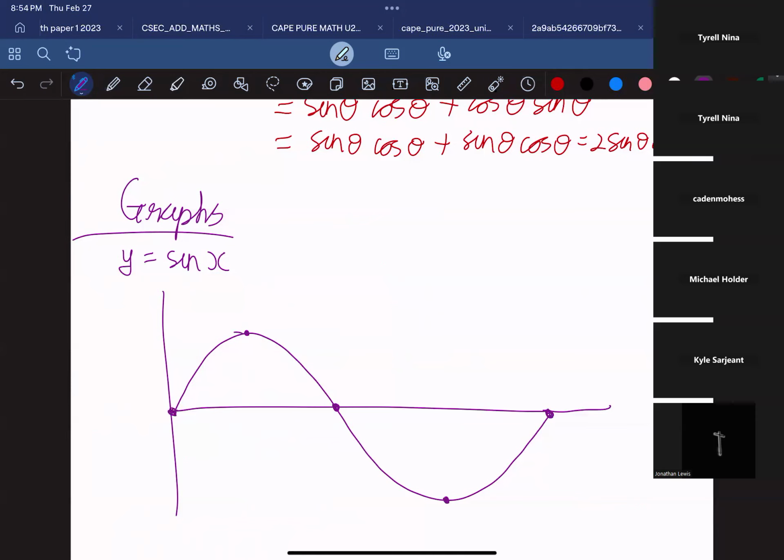This goes to 1. This goes to minus 1. This here is 90 degrees. This here is 180 degrees. This here is 270 degrees. And this here is 360 degrees, right?